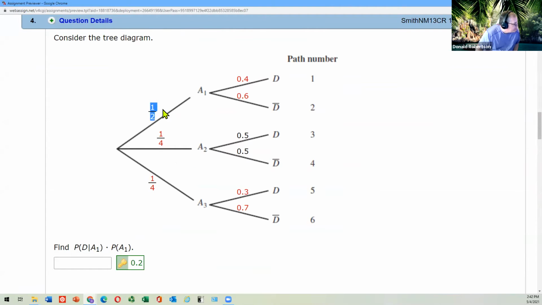So it's going to be this fella and then this fella. So if you multiply that guy by that guy, oh, there you go, you get 0.2. So what you're looking for is the half multiplied by the 0.4, and that's where the 0.2 came from.